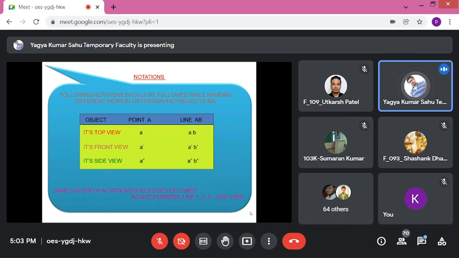You cannot use capital letters for writing views. If you are using capital letters, that is wrong. Always use small letters without dash for top view, single dash for front view, and double dash for side view. Is it clear to all of you? If it is A double dash, that means it is the side view of point capital A.